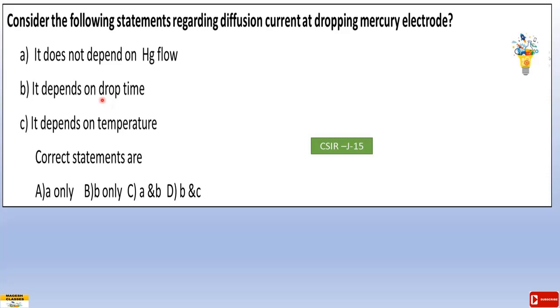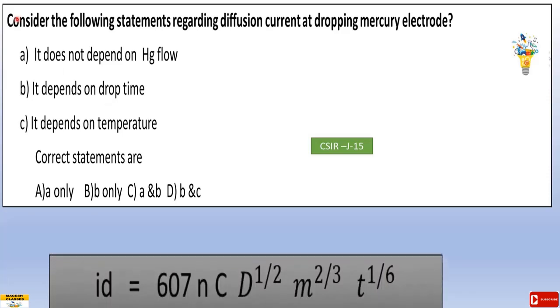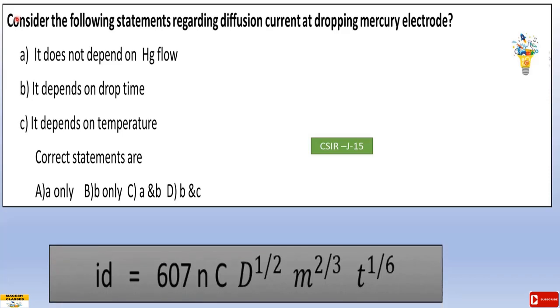So it is based on the Ilkovic equation, that is, Id = 607 n C D^(1/2) m^(2/3) t^(1/6). The first statement A says it does not depend on the mercury flow, but it does depend on the mercury flow, that is m, the mass of mercury passing through the capillary tube. So it is an incorrect statement.